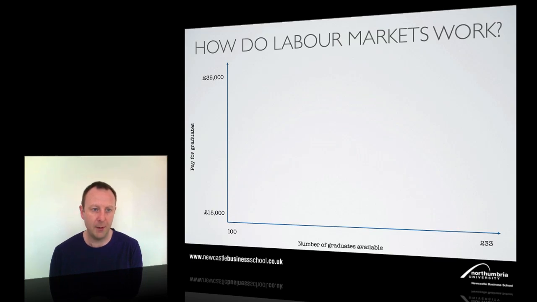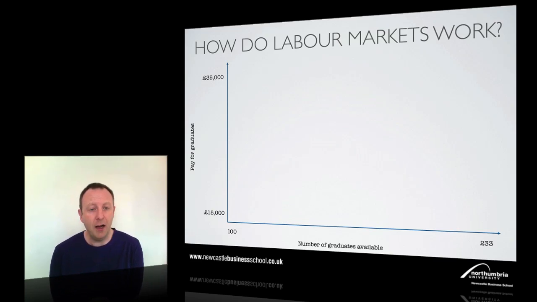So in this example here, we might look at a graduate labour market, and we can plot on the horizontal axis the numbers of graduates that might be available to employers who want to buy their labour at various different prices, and the prices are indicated on the vertical axis. So we can see the graduate pay might vary from, say, 15,000 to 35,000 as a starting salary.